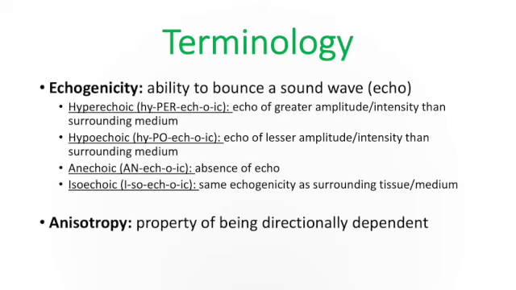Hypoechoic will show darker. Anechoic means that there's no echo happening. That's what's going to happen deep to the bone interface. And isoechoic means it's about the same as what's happening around. And then there's this other concept called anisotropy, which is basically a property of being directly dependent on the ultrasound wave.